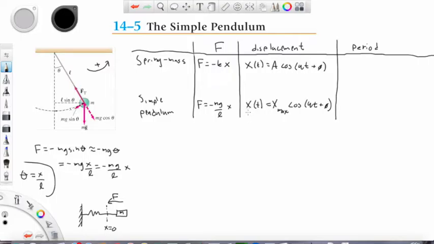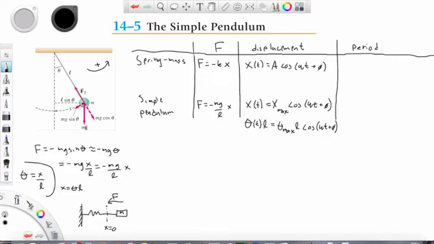But what is x? Remembering this relationship between theta, the angle, and the arc length x, we know that x is theta times L. So we can change this to theta as a function of time times L equals theta max times L times cosine omega t plus phi.